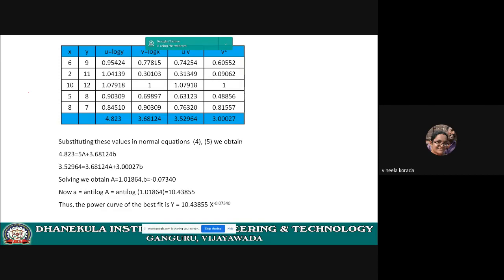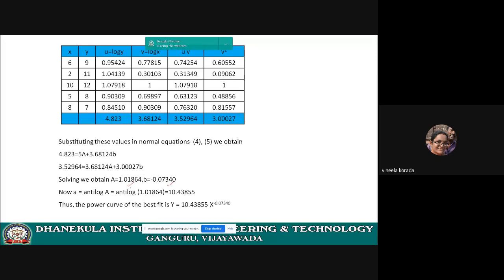Solving the normal equations for A and B, the value of A is 1.01864 and the value of B is minus 0.07340.